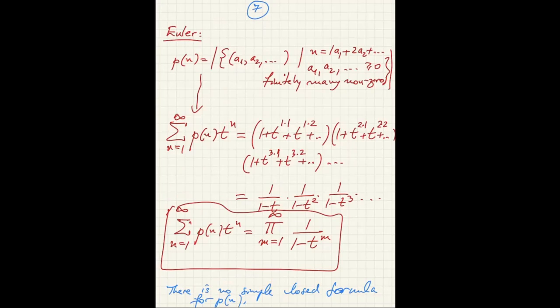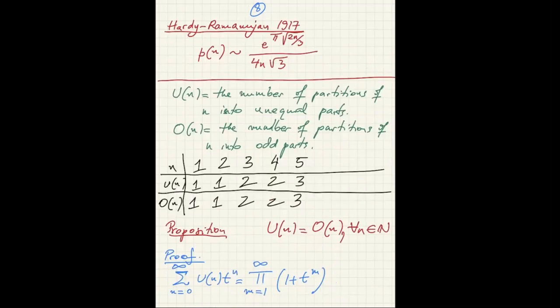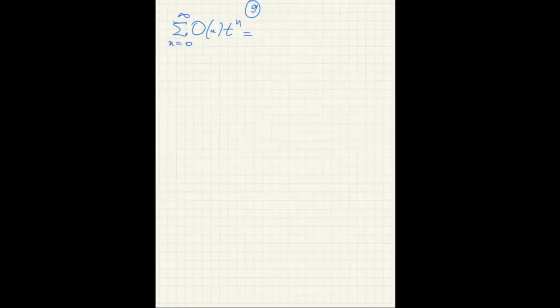When we did the generating function of Tn, we took all these geometric formal power series with multiples of 1 in the exponents, multiples of 2, multiples of 3, corresponding to the types of numbers we could use in our decomposition of n. And now, when we do odd, we cannot use 2s, we cannot use 4s. We are only allowed to use odd parts.